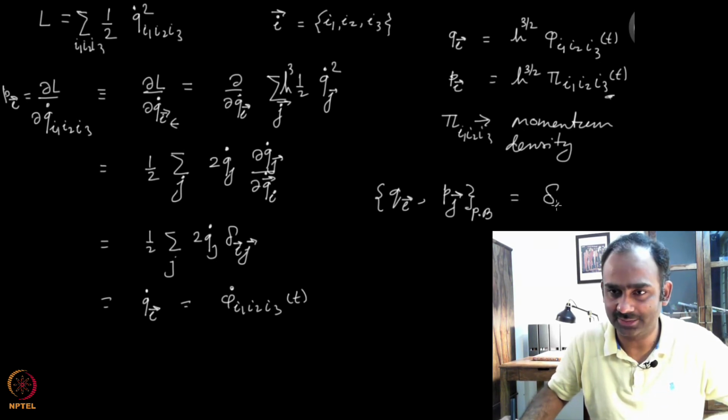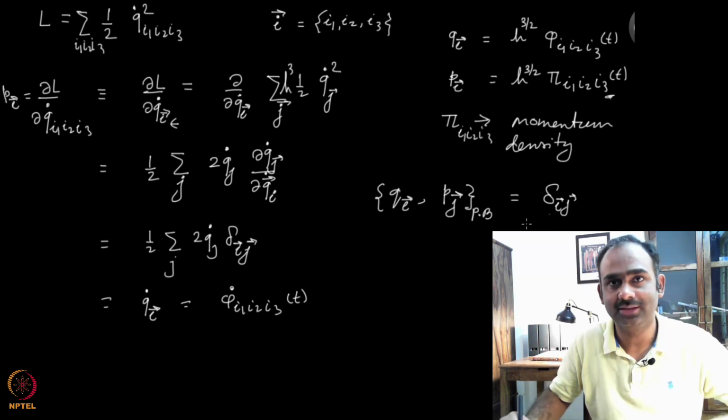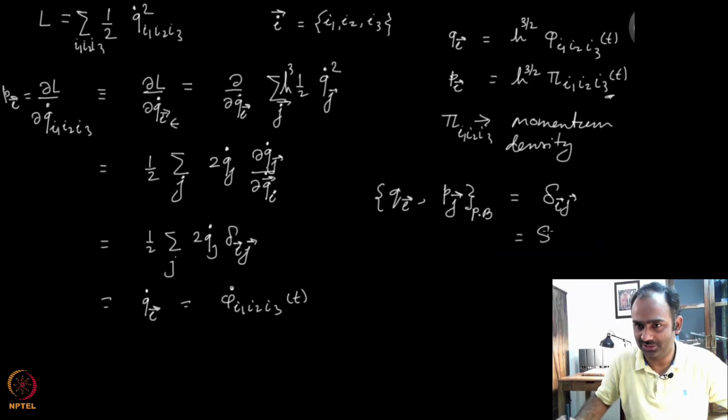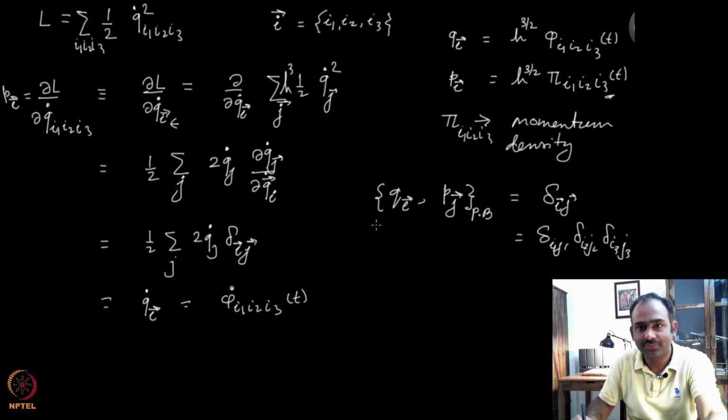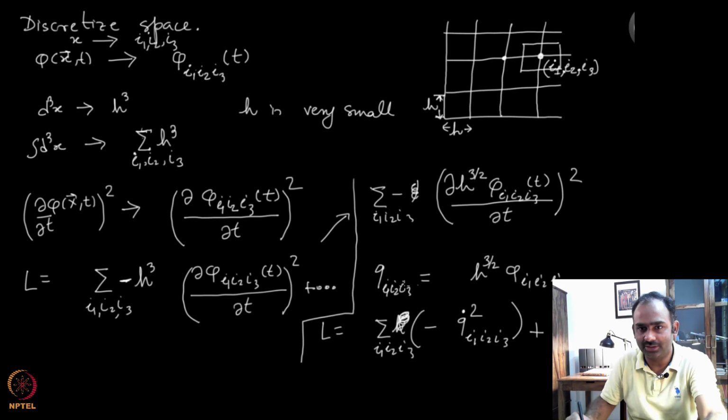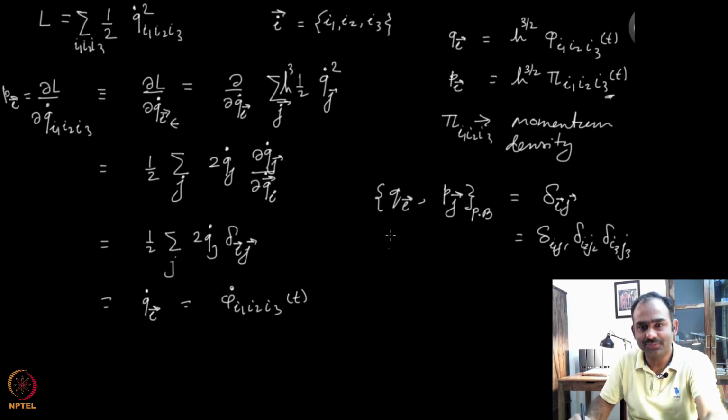Delta_ij, which is just a shorthand notation for the following: delta_{i1 j1} delta_{i2 j2} delta_{i3 j3}. That is what delta_ij is. Now, this thing I can substitute, here, this piece. So, q_i is h^(3/2) phi. So, I can put here instead of q_i, h^(3/2) phi.